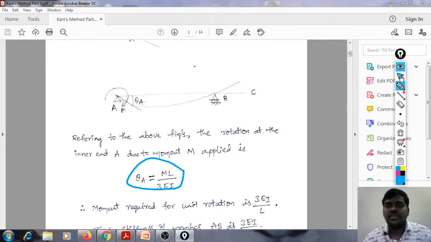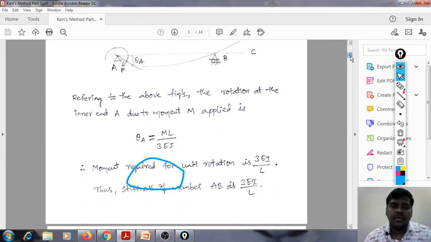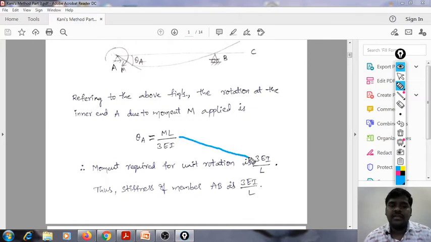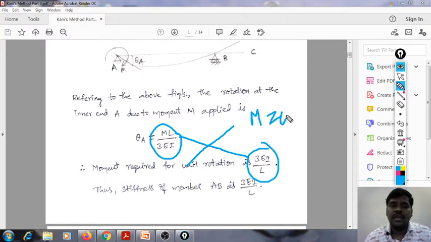This is called the rotation at end A. So the moment required for 1 unit rotation is 3EI by L. If we multiply the rotation theta A and this 3EI by L, if we multiply these two terms, what we are going to get is M. So that M is nothing but theta A times that, which is the reason M is written there like that.